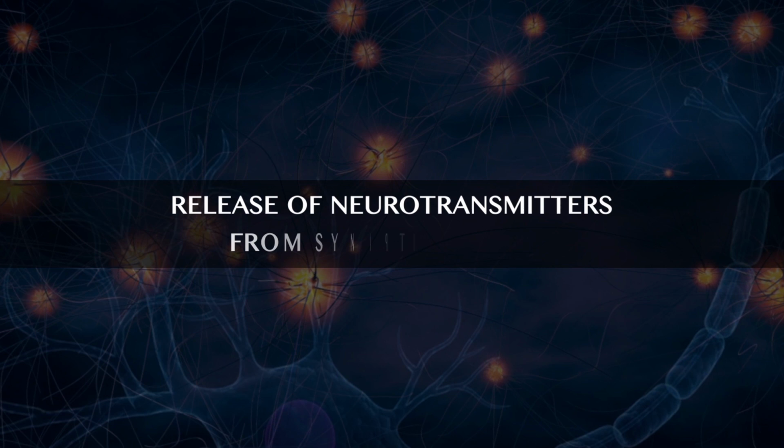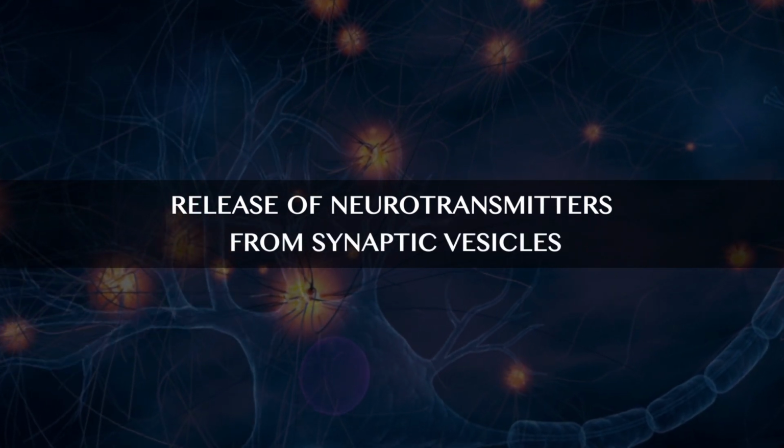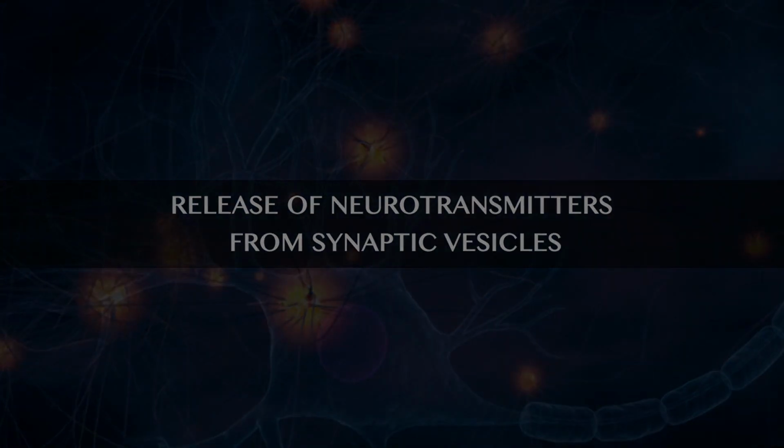Next is the release of neurotransmitters from synaptic vesicles. The fusion of synaptic vesicles with the plasma membrane to release the neurotransmitters is triggered by a localized rise in the cytosolic calcium ion concentration, caused by the conversion or transduction of an action potential into a chemical signal.